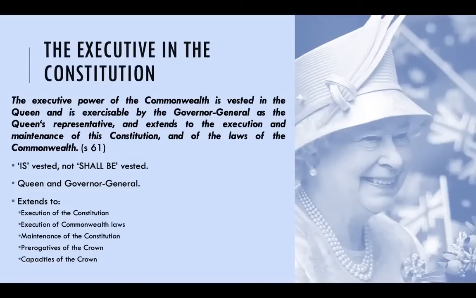And it says that the executive power belongs to the Queen. Let's read it. The executive power of the Commonwealth is vested in the Queen and is exercisable by the Governor-General as the Queen's representative, and extends to the execution and maintenance of this Constitution and of the laws of the Commonwealth. So there are some things that I think are important here. First, the Constitution refers to the executive power of the Commonwealth.